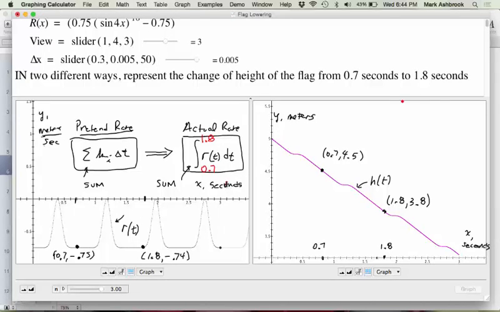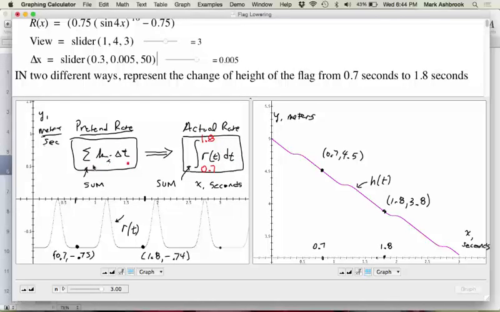Okay, so this was one of the ways to represent the change in height of the flag from 0.7 to 1.8: the integral from 0.7 to 1.8 of r of t dt. But what I want you to recognize is this is the same thing as this.